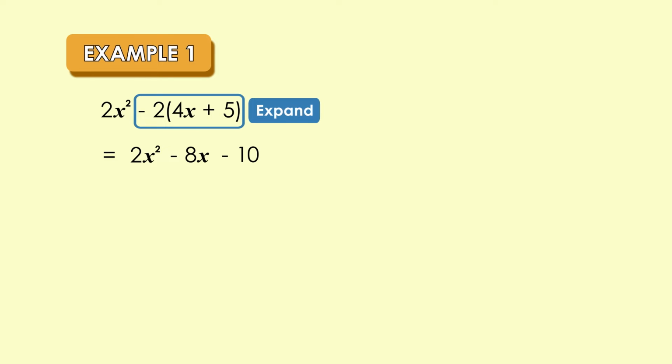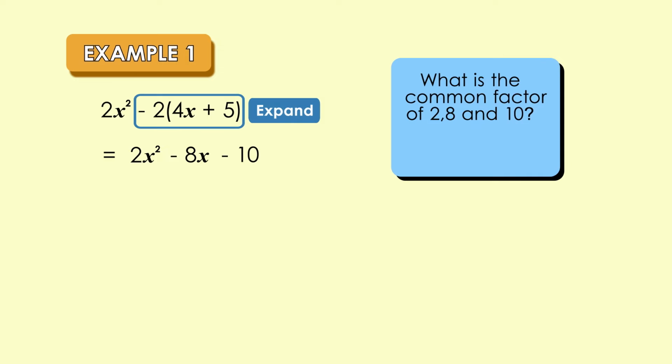Therefore, we will obtain 2x² − 8x − 10. Next, can you tell me the common factor of 2, 8, and 10? You are right. The common factor is 2. Hence, we factorize each term by 2: 2(x² − 4x − 5).